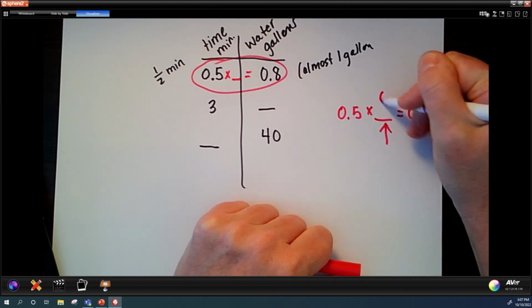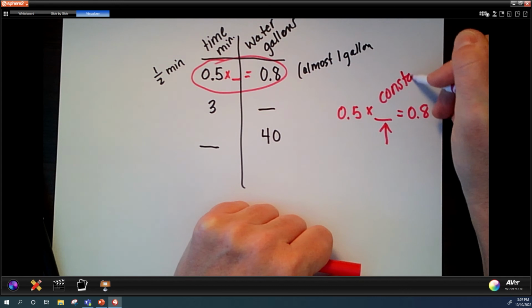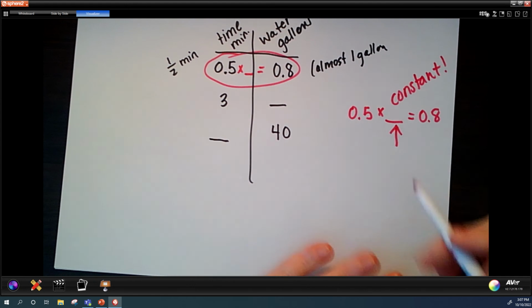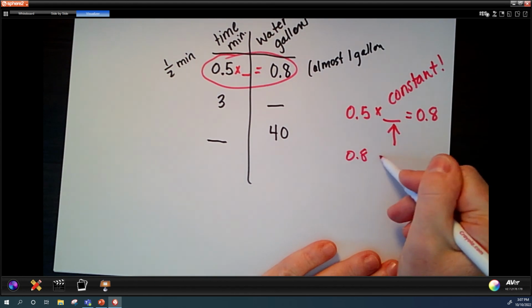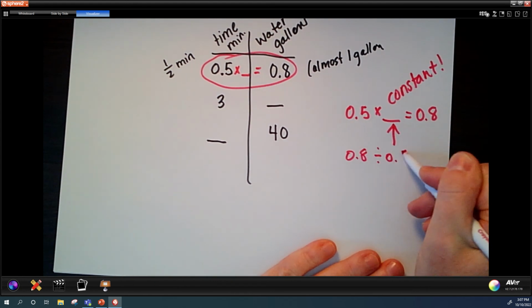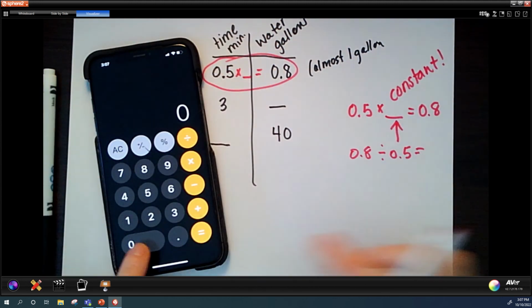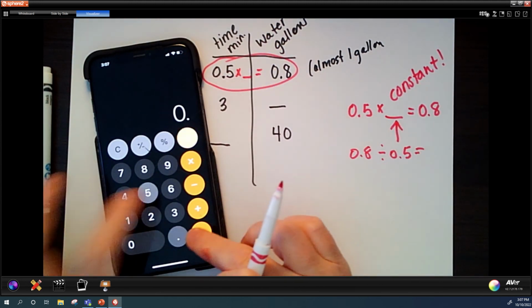That's the constant. That's the key. We need to find this first before we can do anything else on the chart. All right, so it's a missing number, so let's use division. Divide it by 0.5. Use the calculator. Some of you probably can do this with mental math.